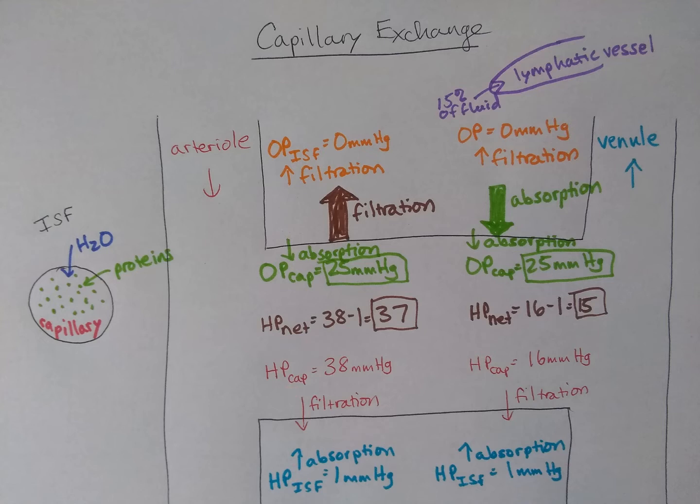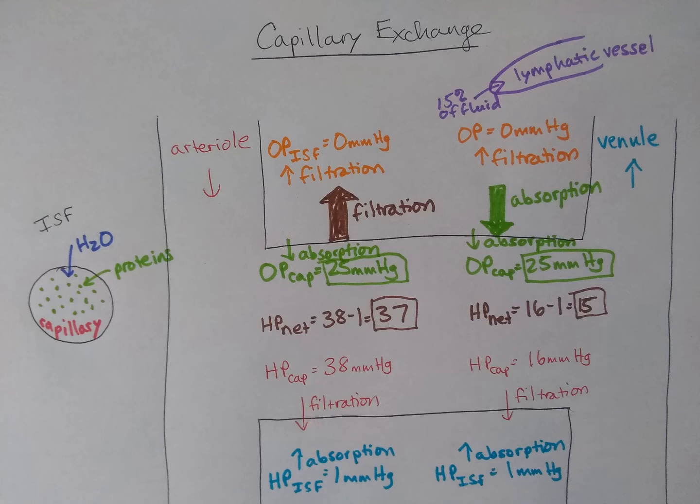And the hydrostatic pressure of the interstitial fluid is the same at the arterial and the venule ends. So to figure out our net hydrostatic pressure from the blood pressure and from the interstitial fluid, we're just going to subtract the two because they are opposing each other.